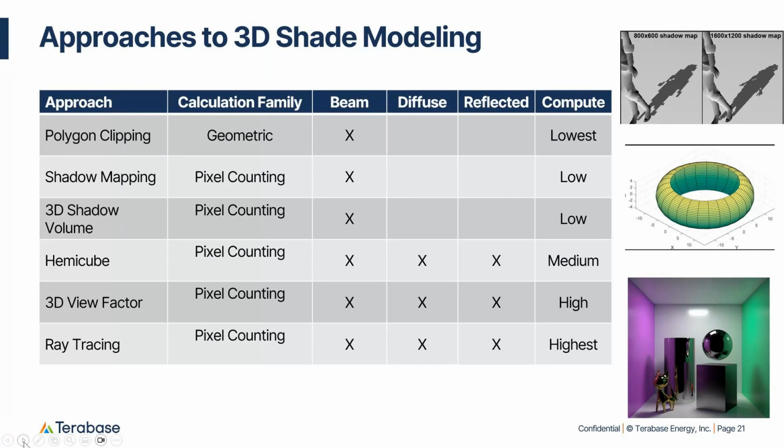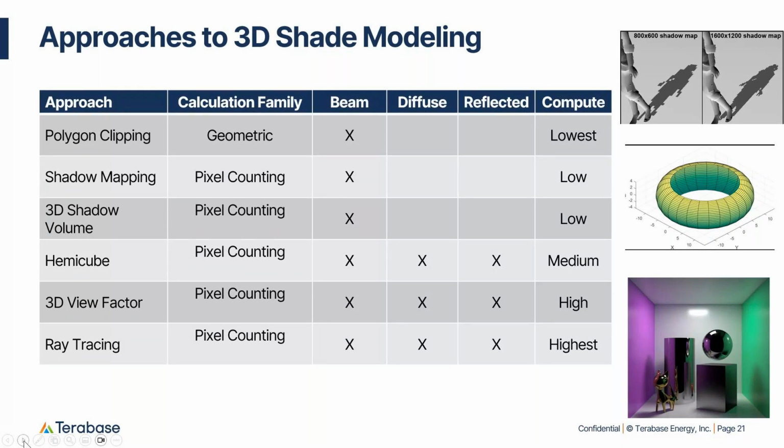Many of you probably don't know, but PlantPredict also has another pixel counting 3D shade algorithm already implemented, but it's limited to a single DC field, and that uses 3D shadow volumes.